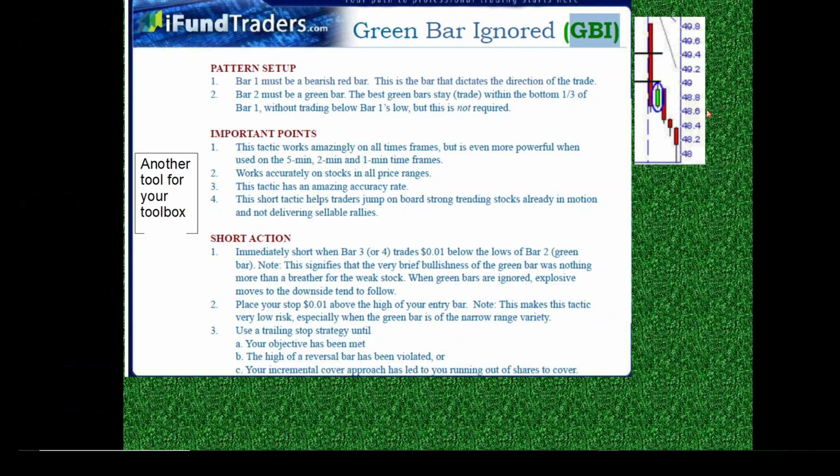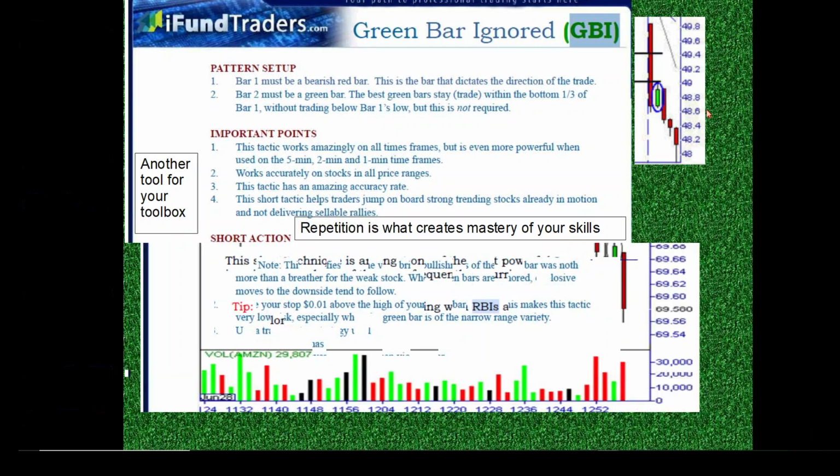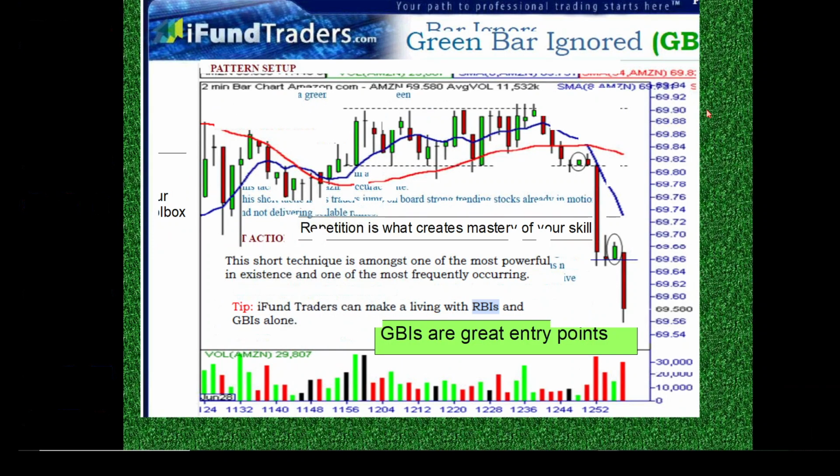Become experts at this stuff, and your trading skills are going to go up. You're going to become more consistent and more profitable, right? Repetition's what creates mastery, because you've got to practice these ribbies and gibbies a lot. Become really good at them. So gibbies are great entry points.